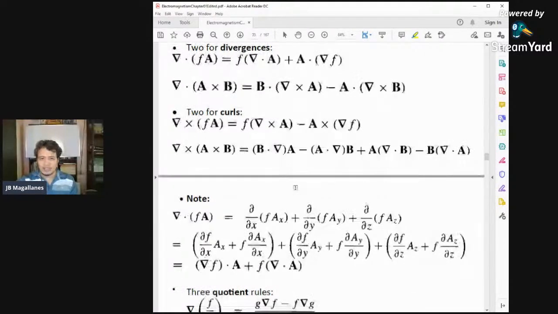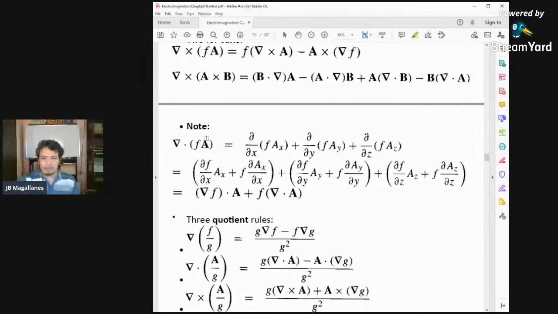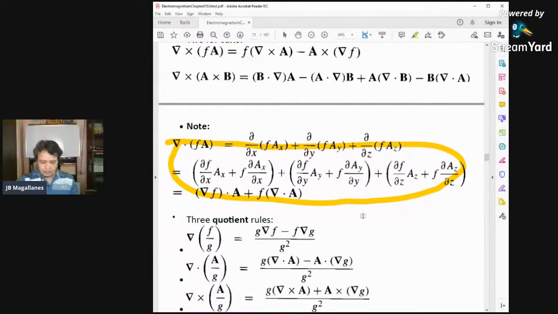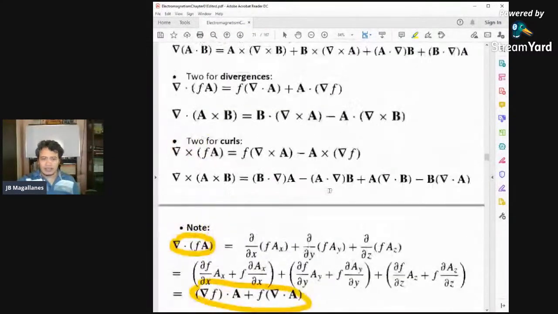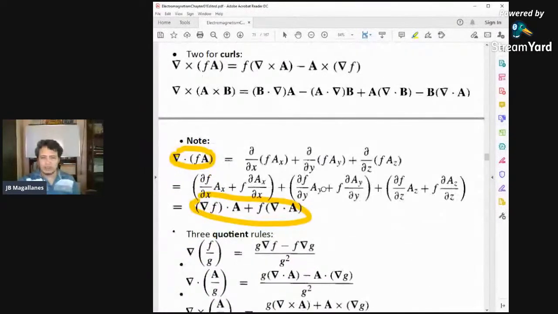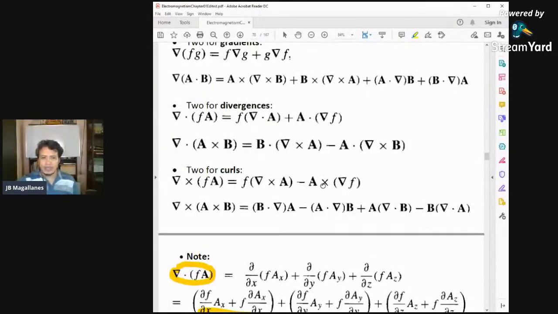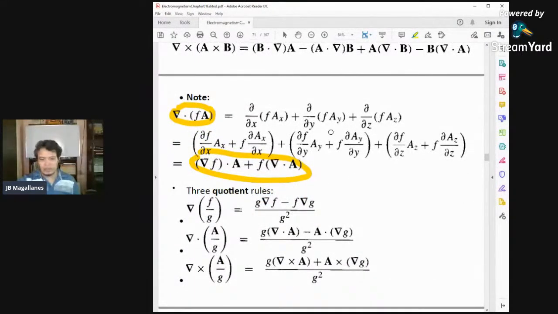You also have this identity. In component form, you can prove this. The del will just be this one. If you dot f ax, f ay, and f az, you will be able to show that this one is equal to this one. Let's not prove that here. We'll just introduce it to you again because it's already taken in your mathematical physics before.